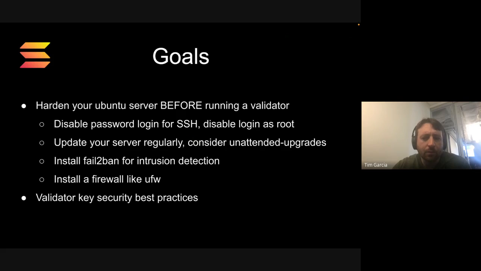And there was a recent hack in December at a data center where I'm not sure the total number, but around 8 or 9 validators had their identity key compromised. And I think all of those could have been avoided if people took these steps.